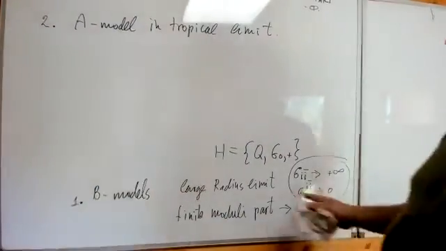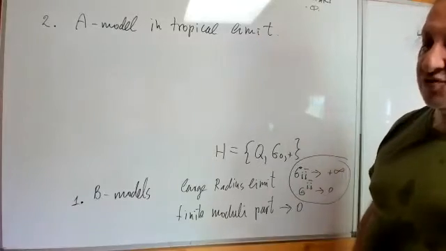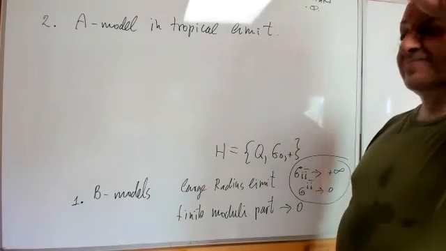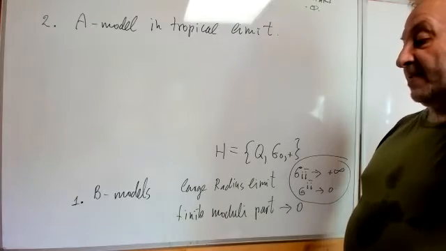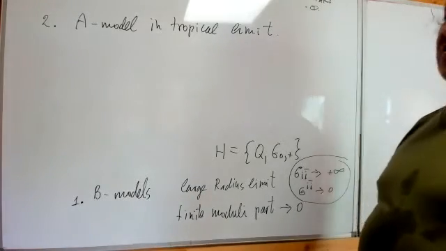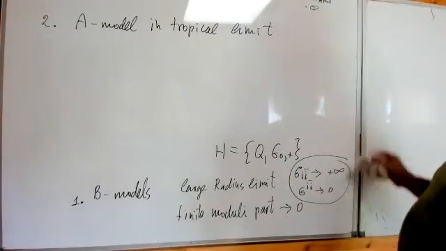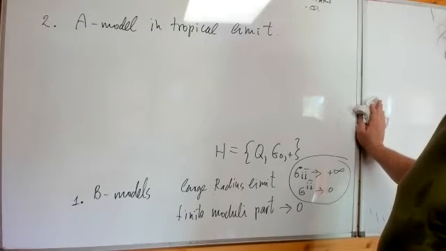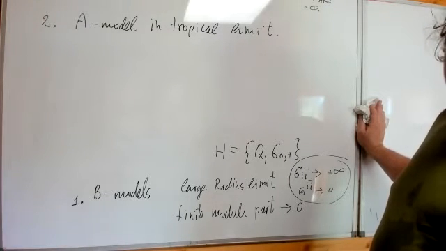By the way, the creators of BCOV were not very explicit about how to define correlators, and the statement that correlators vanish in the finite piece came later on.